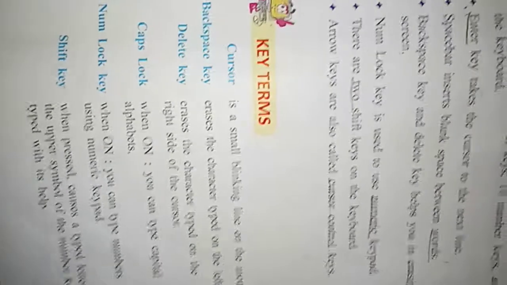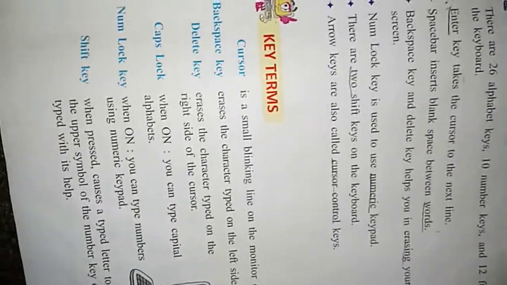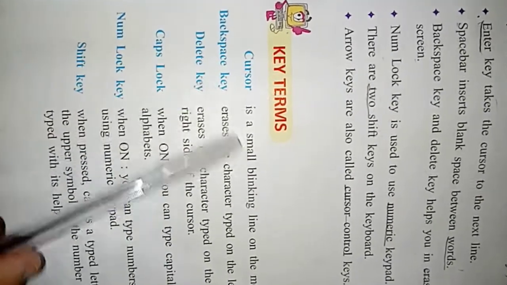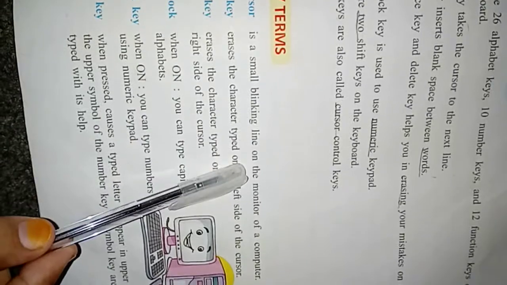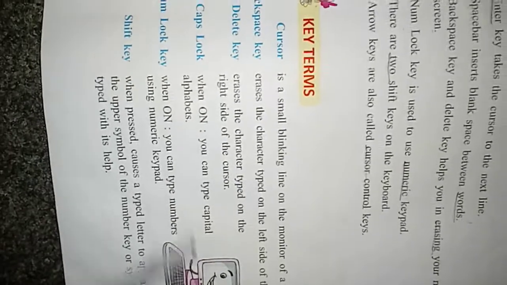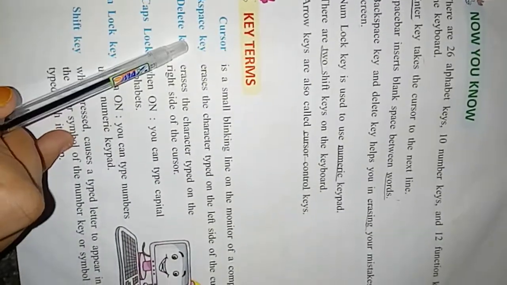Next you have key terms. In key terms you have a definition of cursor. Cursor is a small blinking line on the monitor of a computer. This is a definition of cursor. Next, backspace key.